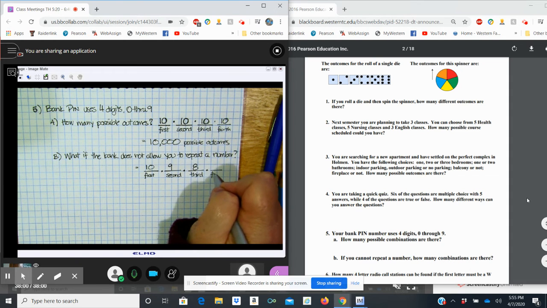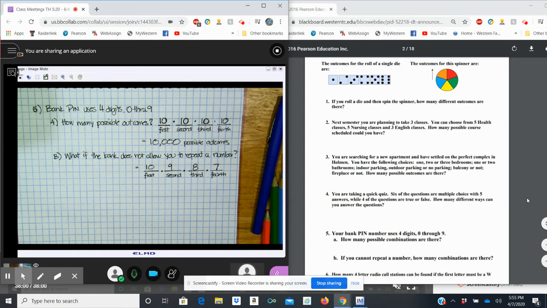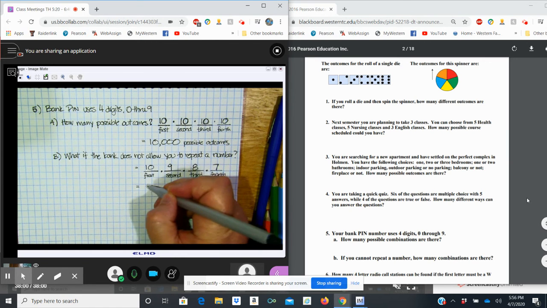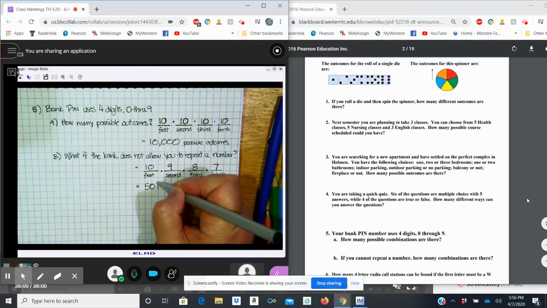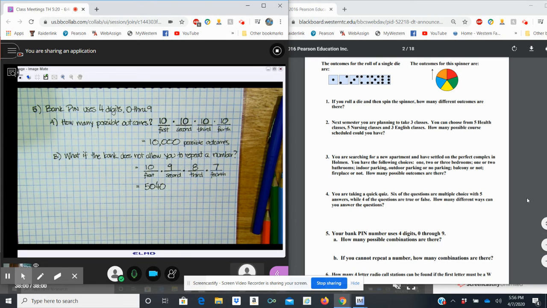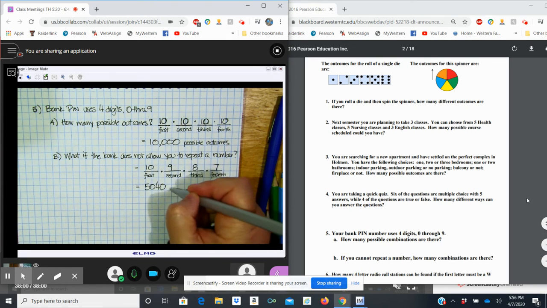And this means that the fourth one, you would only have 7. That does leave us with 5,040 possible outcomes.